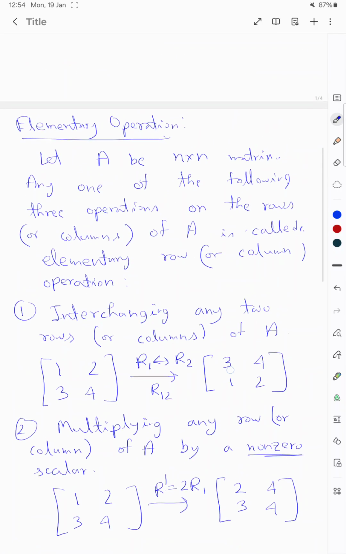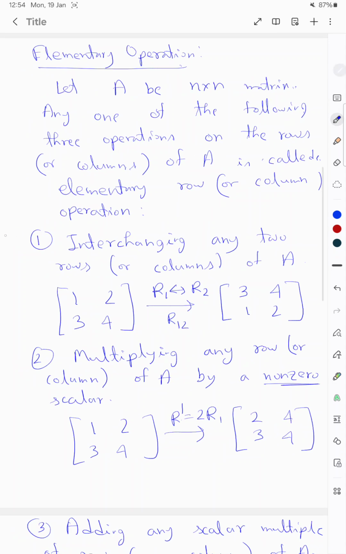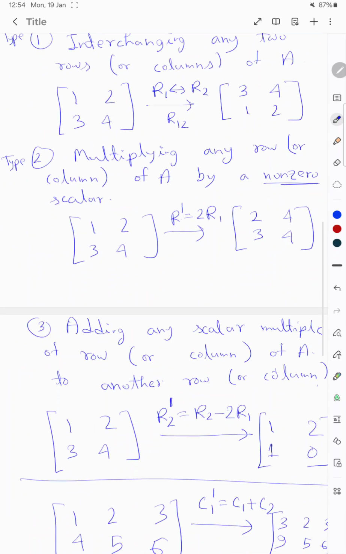So if you rename this, the first one suppose type 1, this is your type 2, this is your type 3 type of operation you have learned, right?